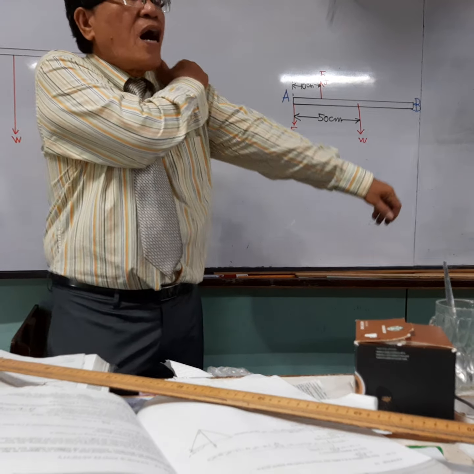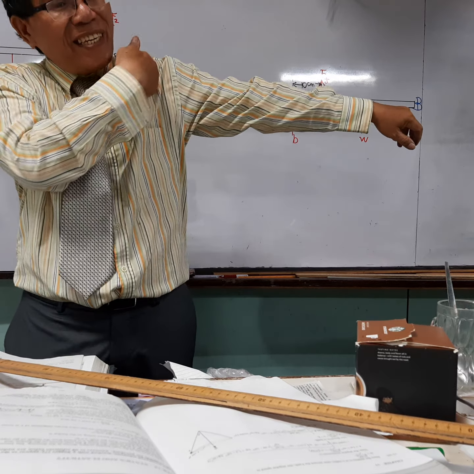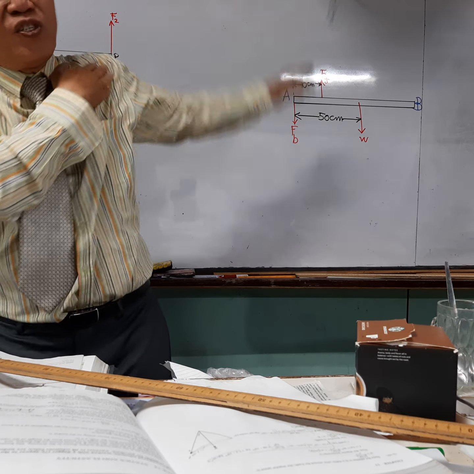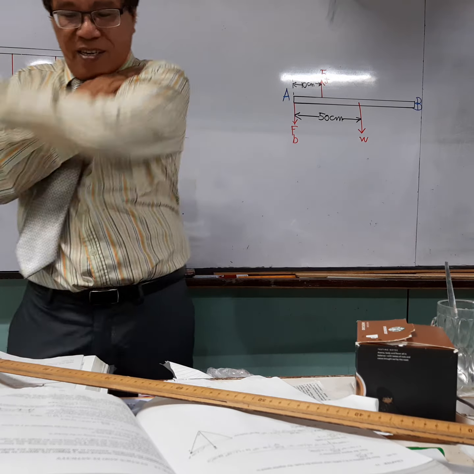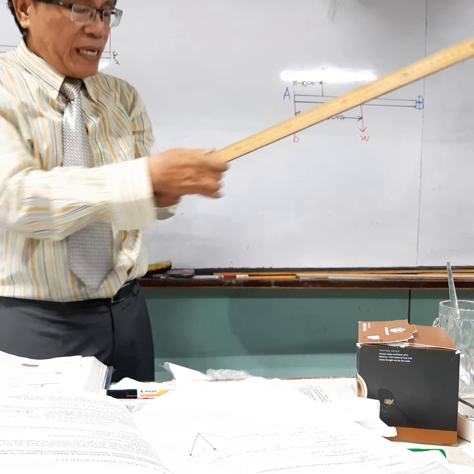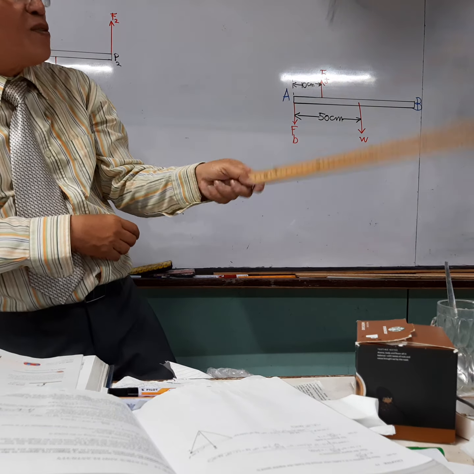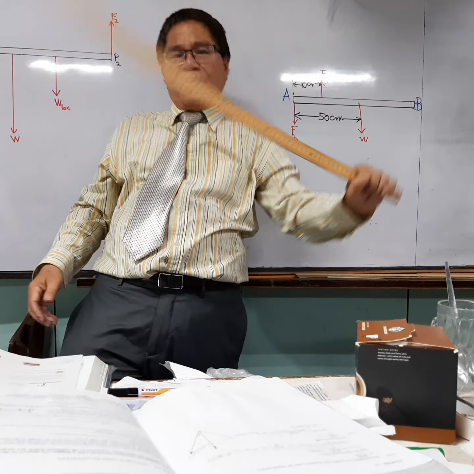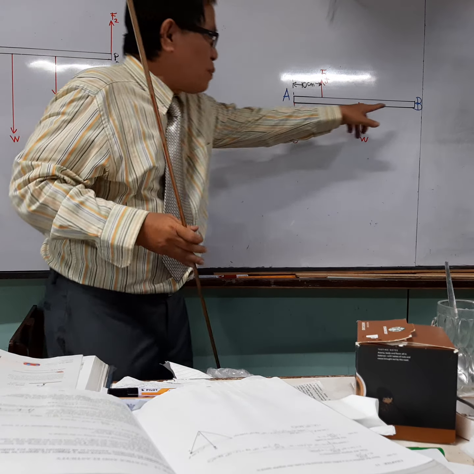Just like your arm. Where is the axis of rotation? Here. That is the axis of rotation. So that's why we have that symbol.